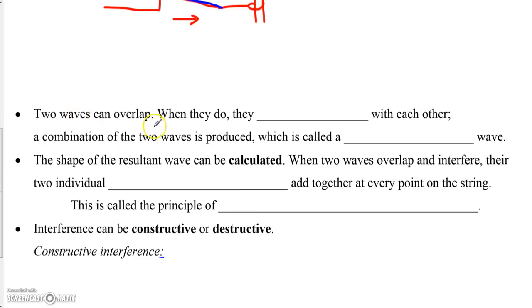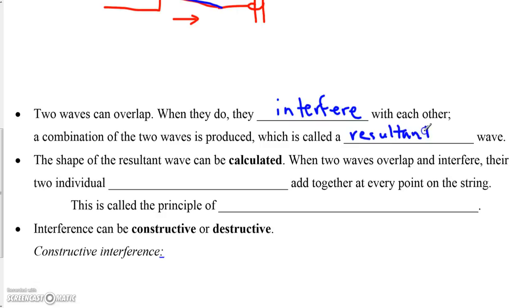Two waves can overlap. We can send two waves toward each other, and when they meet in the middle, they will interfere with each other. When we say that they interfere, that means a combination of the two is produced. We call that combination a resultant wave.